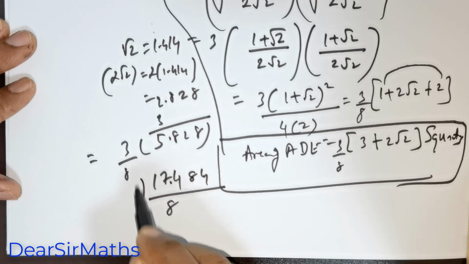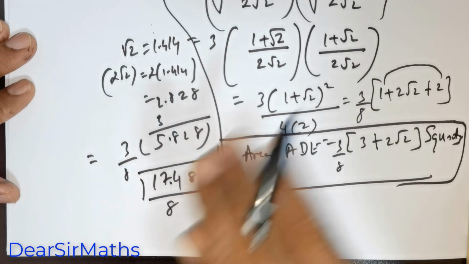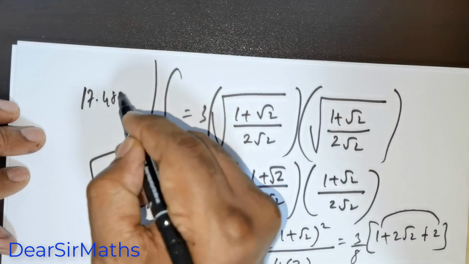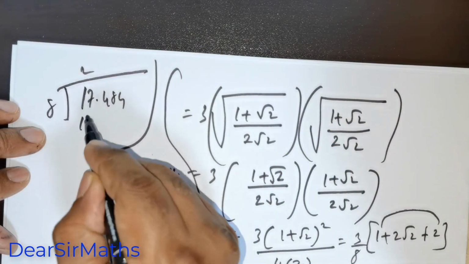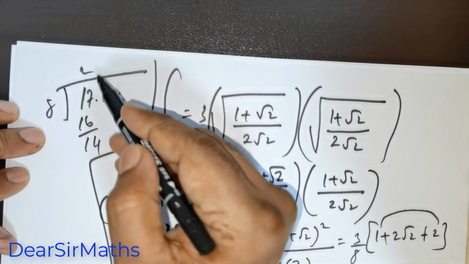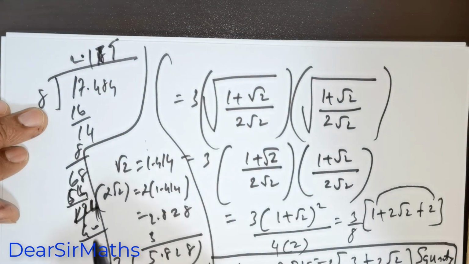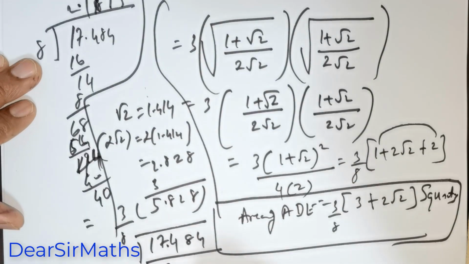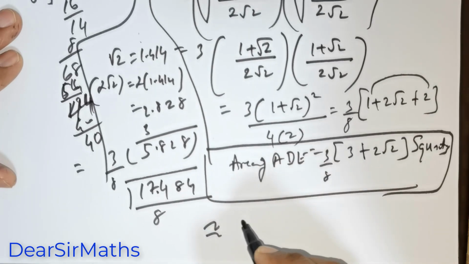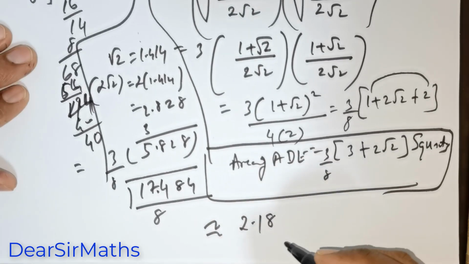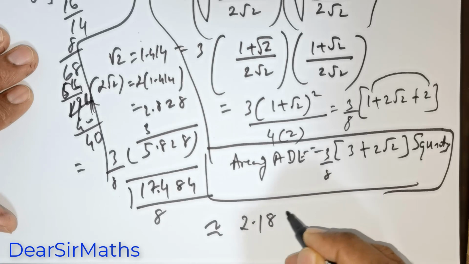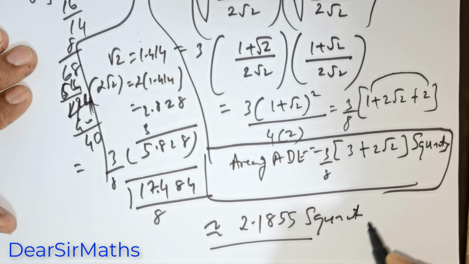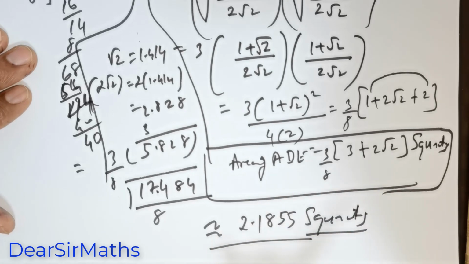Dividing this by 8, the value is approximately 2.1855. This is the approximate value when you evaluate this.